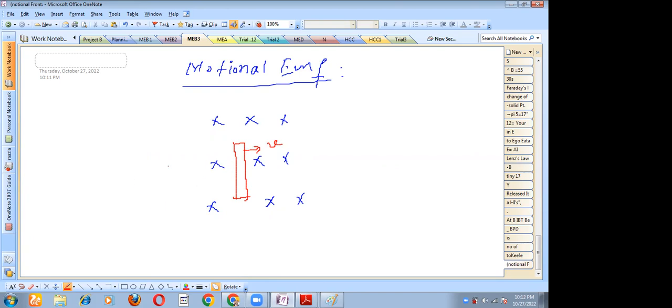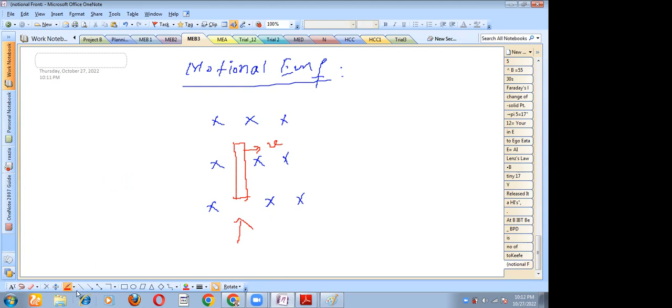But in such kind of motion, whenever there is a rod or something rotating in a magnetic field, it cuts the magnetic flux.